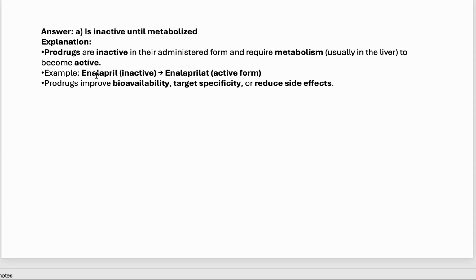This increases their bioavailability, and by the time they reach their target, we still have some active form of the drug. It makes them more specific, since unless they reach that area, they are not metabolized. And while going there, because they are not yet active, they are not creating more side effects. So this is actually a good thing. Just remember, a prodrug is a drug that's not yet active. It becomes active after passing through some stages of metabolism.